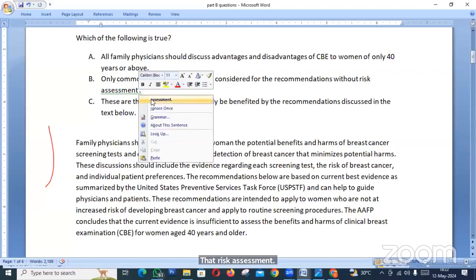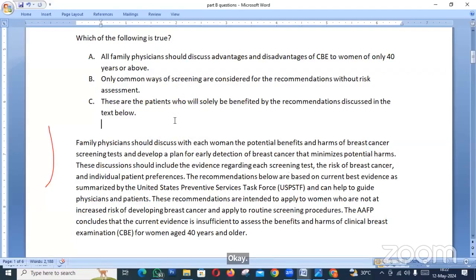Okay. These are the patients. Someone is excluded C, because it is not solely beneficial.